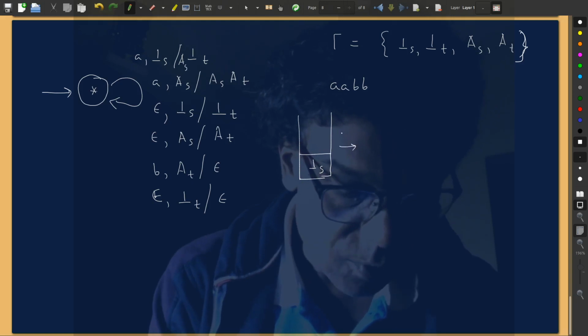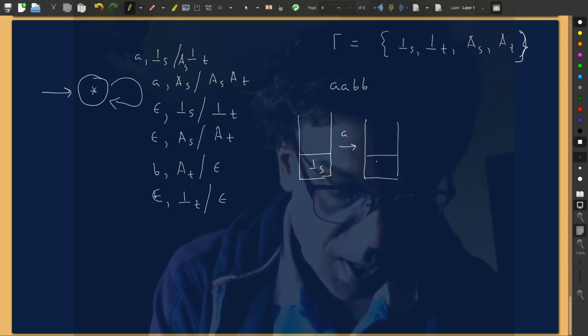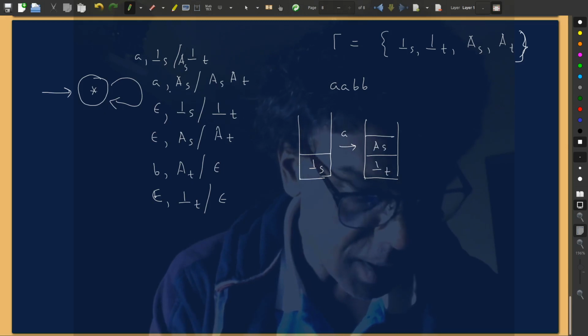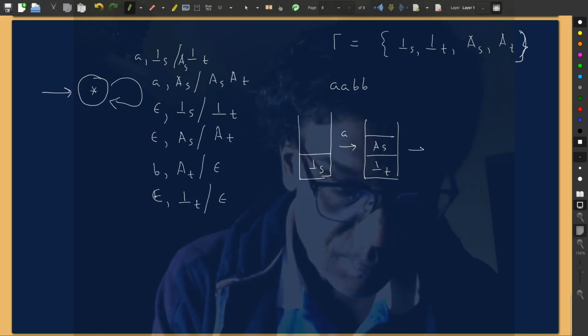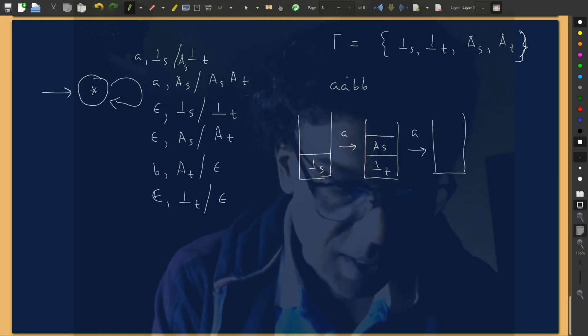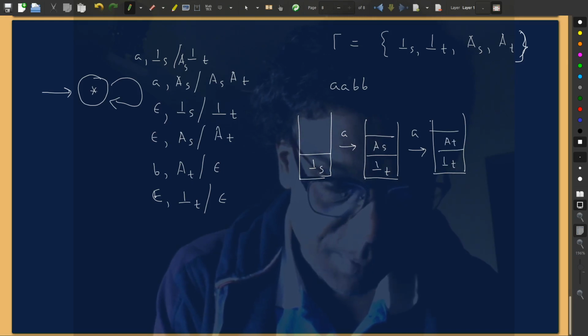So after consuming an A, this becomes T for removal by this. Again, another A is read. So AS, A. This AS changes to AT. Okay. But a new AS appears here.